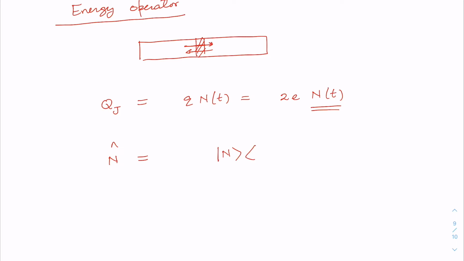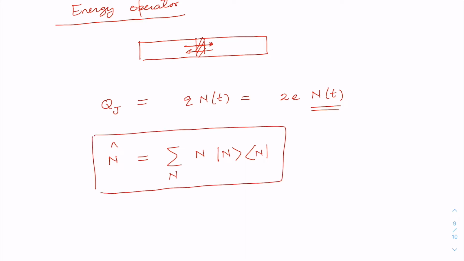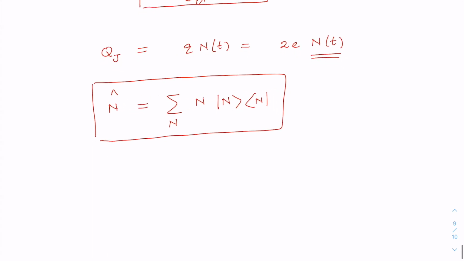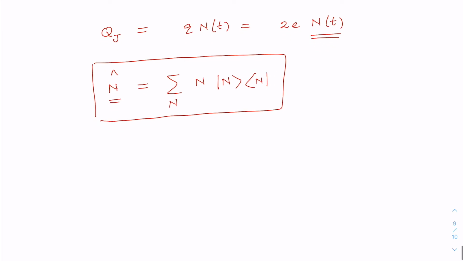So ket n, and n is the eigenvalue here, summed over all these things. This is the operator we have. The tunneling of Cooper pairs through the barrier can be translated into a coupling between the eigenstates of the operator n, which can be expressed in this form.